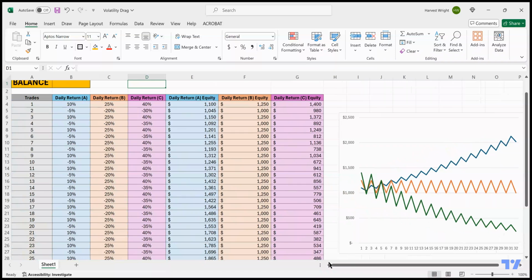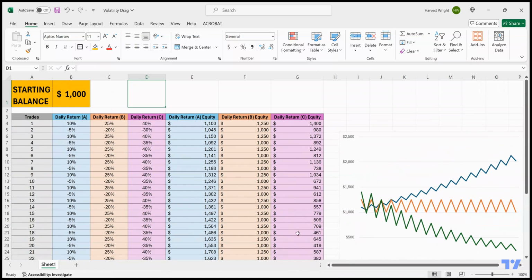So yeah, I hope you found this quite insightful, and I guess the takeaway for this is to consider all the factors that could be affecting your performance in your trading system. Do not risk too much, else you get hit by volatility drag. All right, eventually your account's gonna end up with nothing if you risk too much.